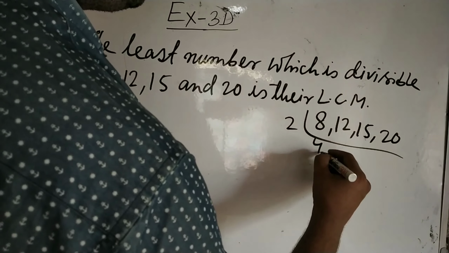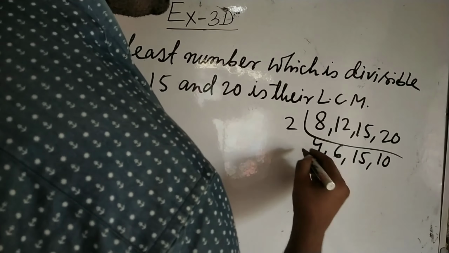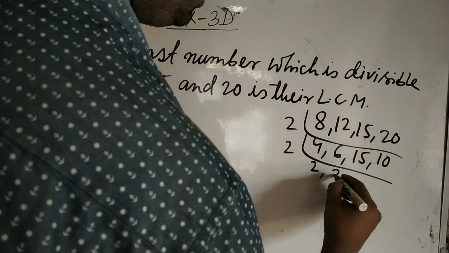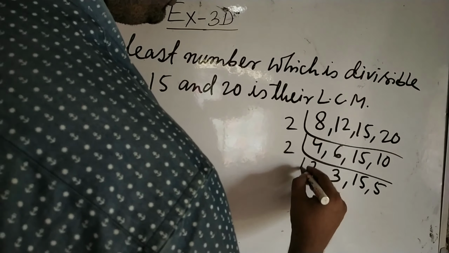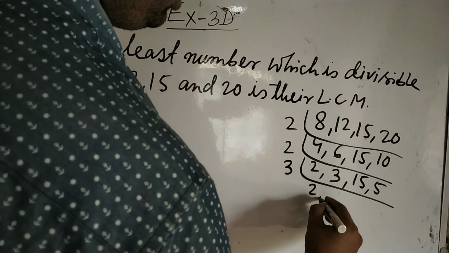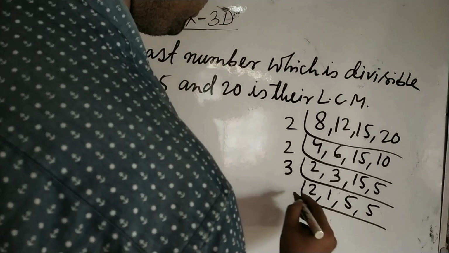So 2, 4, 6, 15, 10. Again 2, 2, 3, 15, 5. 2 numbers are divisible by 3. So 3, 2, 1, 5, 5. 2 numbers are divisible by 5.